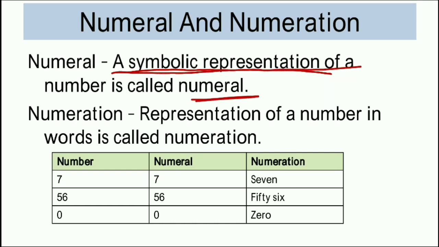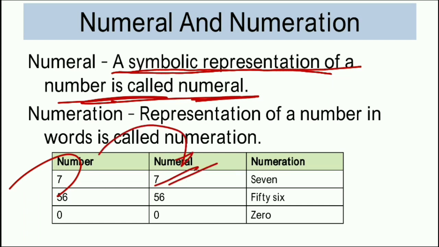A symbolic representation of a number is called a numeral. Suppose 7 is represented using the symbol, then this is a numeral. 56 is represented using symbols, and 0 is also a symbolic representation.